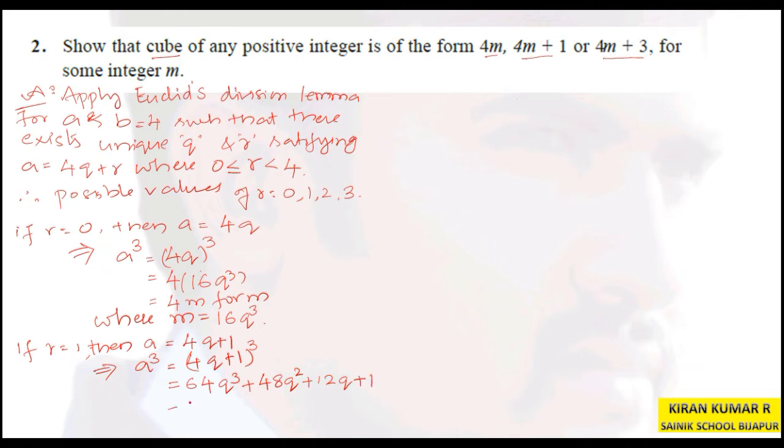I take 4 common out of the first 3 terms, I'll be getting 16q cube plus 12q square plus 3q, then added to 1, which is like 4m plus 1 form.